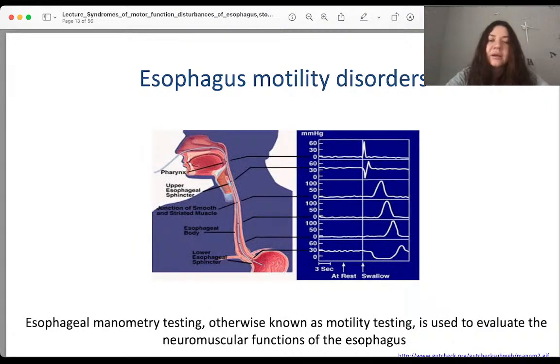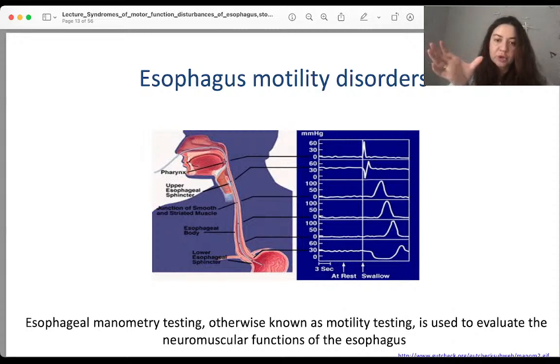And another method, I hope you remember it from Propaedeutics, from other topics. It is named esophageal manometry testing. It is a manometer that checks pressure, and it should be placed specifically in the lower esophageal sphincter or in the zone of high esophageal pressure.